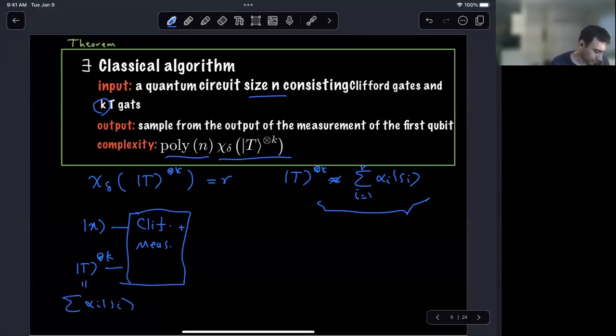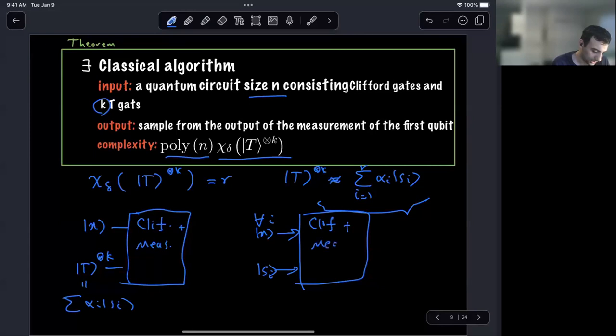And now I can simulate this circuit for each input Si. For every i, I simulate this circuit, with Si as the input and a circuit of Clifford plus measurement. I can do the simulation classically using the Gottesman-Knill theorem, because the input is a stabilizer state and the circuit is just Clifford and measurement. Then, due to the linearity of the quantum circuit, I can find the outputs.